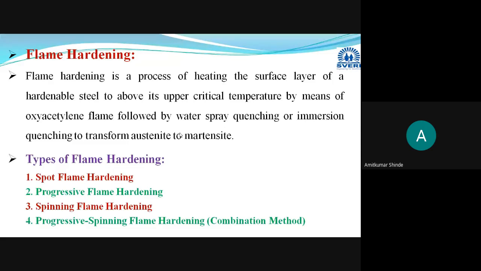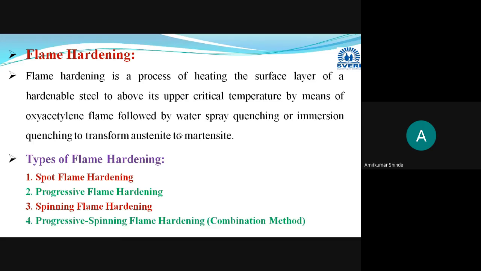Depending on the type of steel, you choose the temperature range, and achieve that temperature with the oxyacetylene flame. After heating, there is a very minimum holding time, and after that you cool the steel component with water.